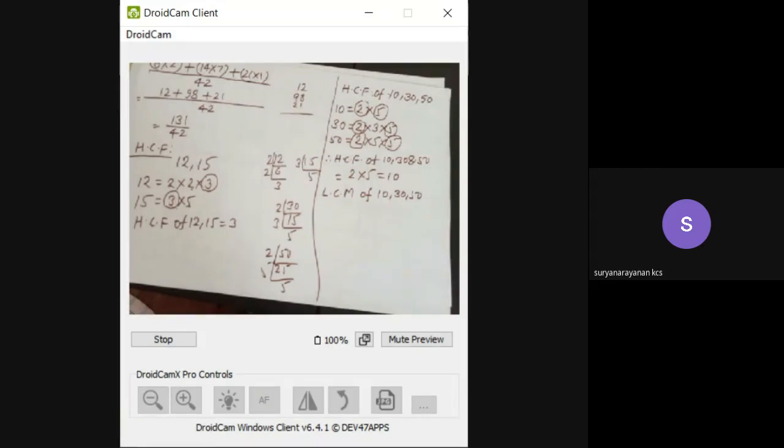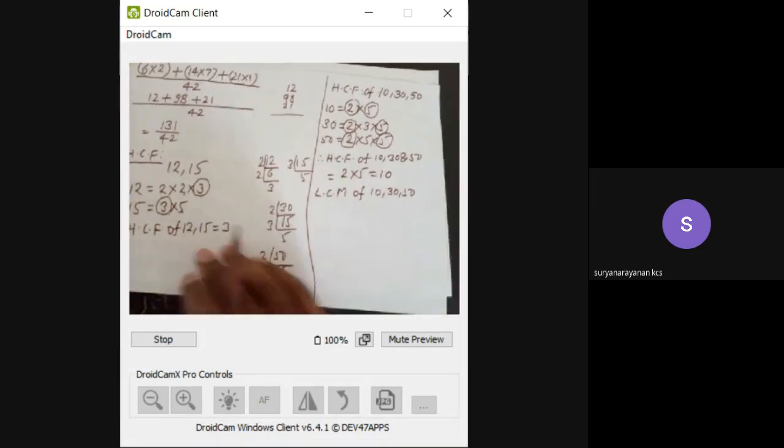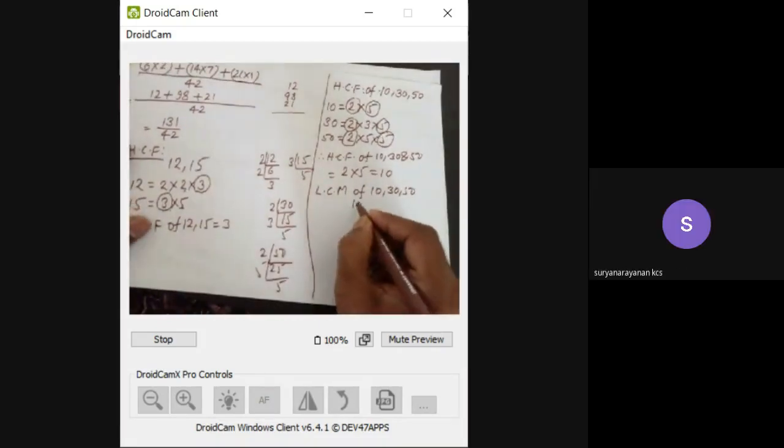Tell me the answer. So the LCM is 150. Very good. Krish, have you found it? What is the LCM of 3 numbers? Sir, 150. Very good.